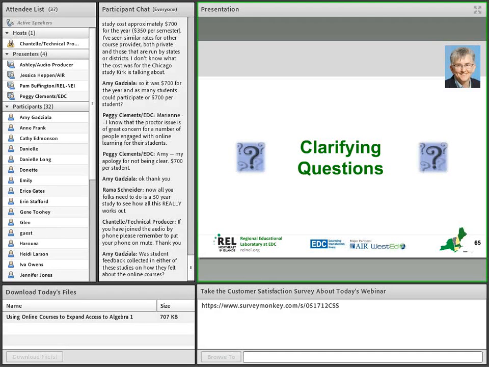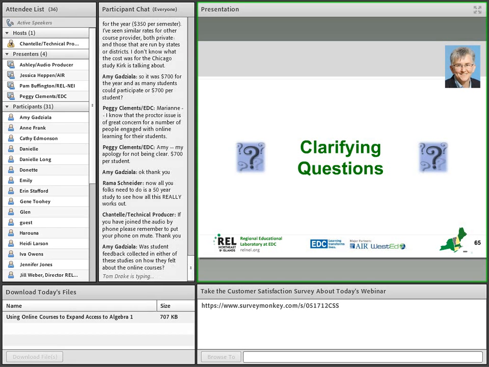And I'd actually like to take this opportunity to really point out the role that the RELs can play with educators and education policymakers in terms of conducting research on programs and policies that are being implemented at state and district levels.